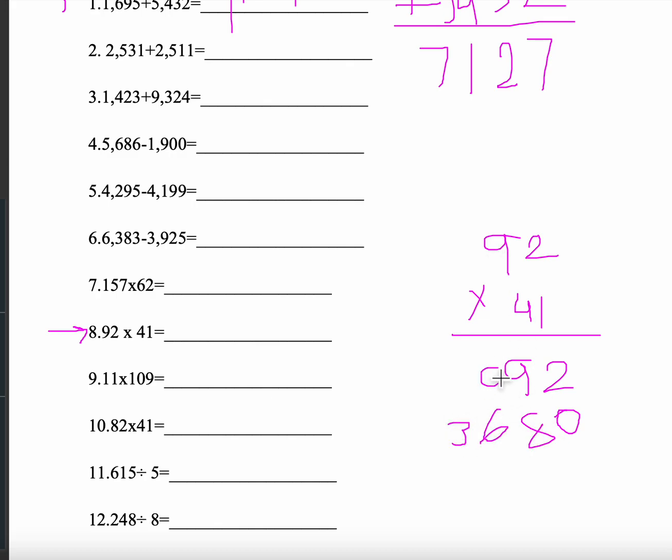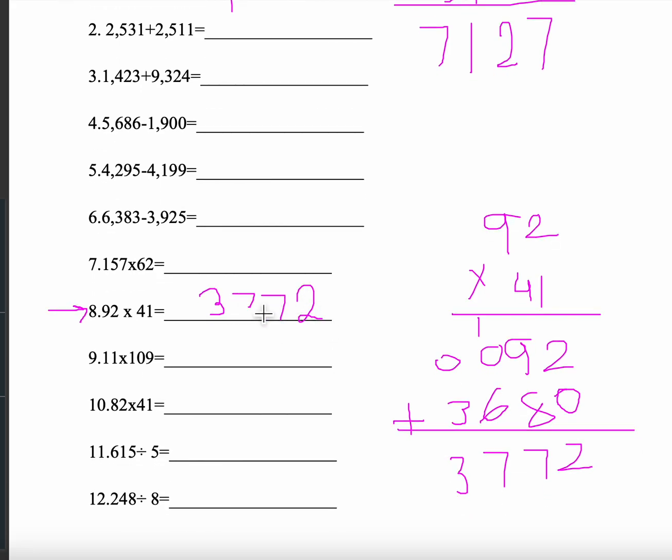We can add 2 placeholders here, so it's easier for us to add. So this is 2 plus 0 is 2, 9 plus 8 is 17. We add the 1 here. 1 plus 6 is 7. And then we have 3. So 92 times 41 would be 3,772.